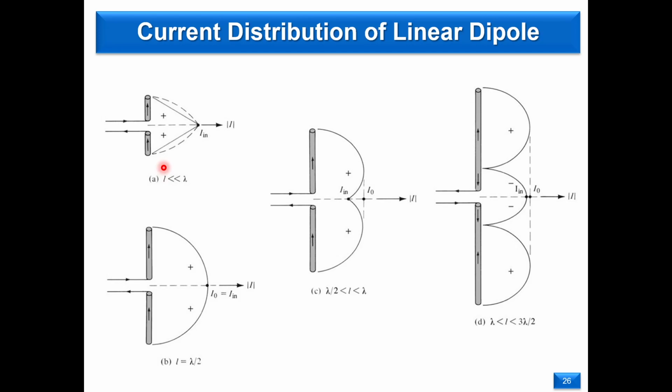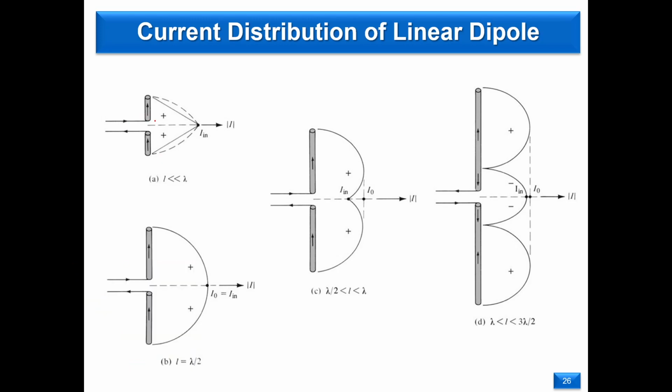The idea here is that the current distribution on the arms of the dipole is exactly the same as the current distribution on the two wires of a parallel wire transmission line in the open circuit case.